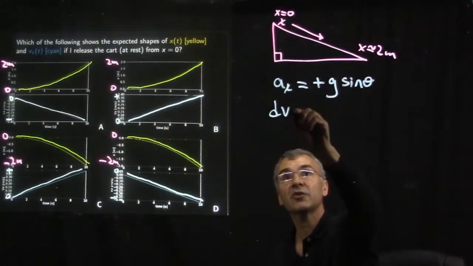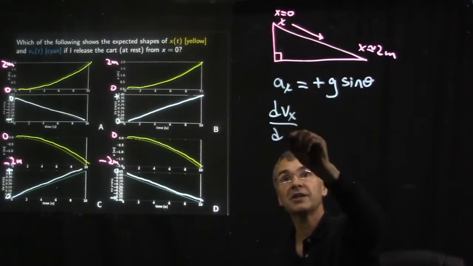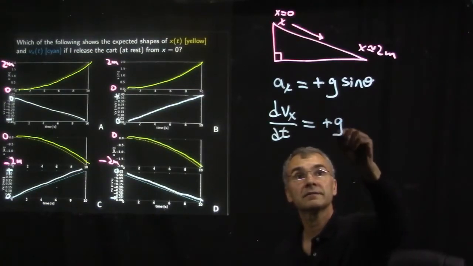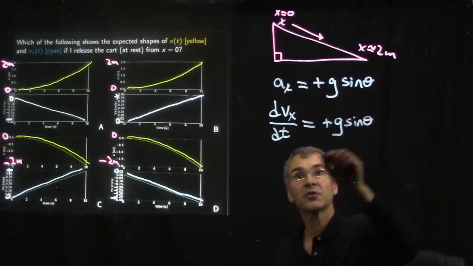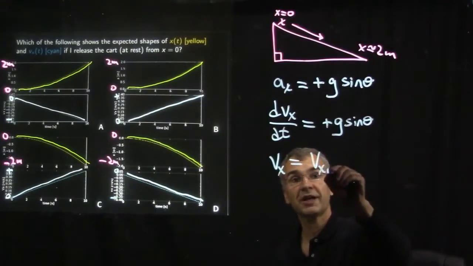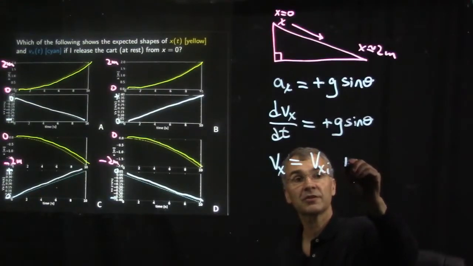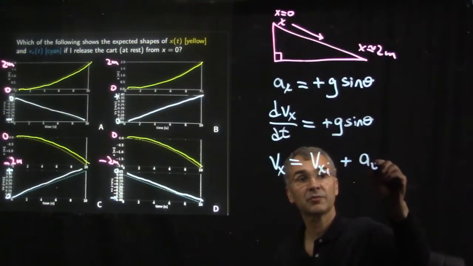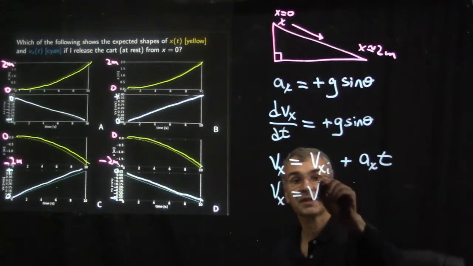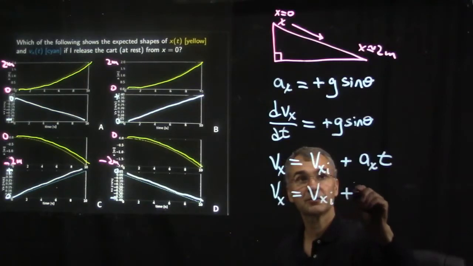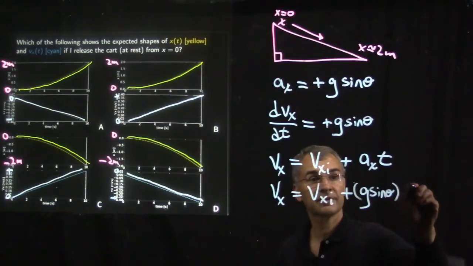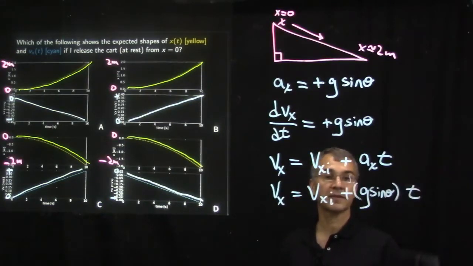And remember, a sub x is the rate of change of v sub x. And also remember that v sub x should be the initial value of v sub x plus a sub x times t, and a sub x is positive, so v sub x is v sub x initial plus this small positive number times time.